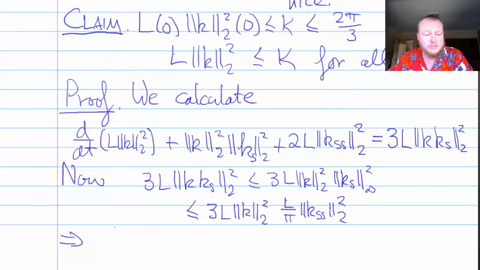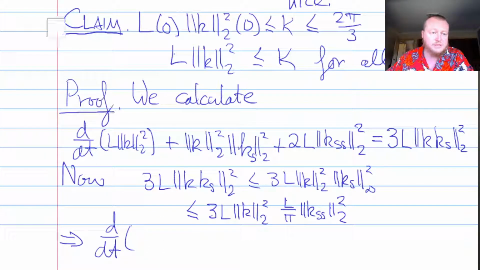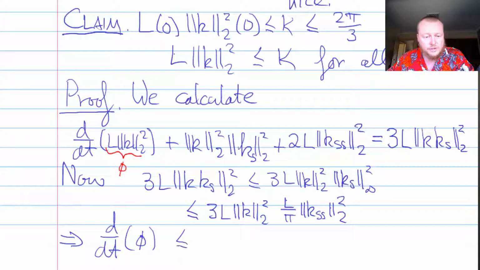So let me write this down. I'm going to ignore this term in the middle here. To make this super clear, let's make a little substitution. I'm going to use phi for the quantity that we're trying to control. So we've got d/dt of phi smaller than or equal to minus, and I'm going to take an L out as a common factor.